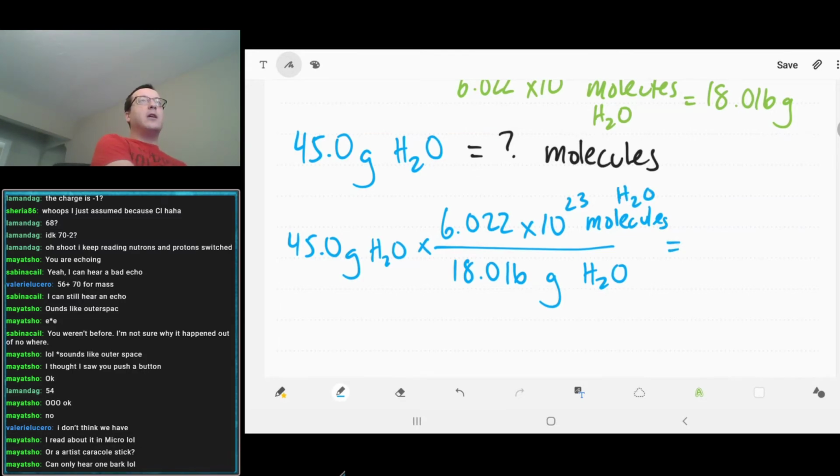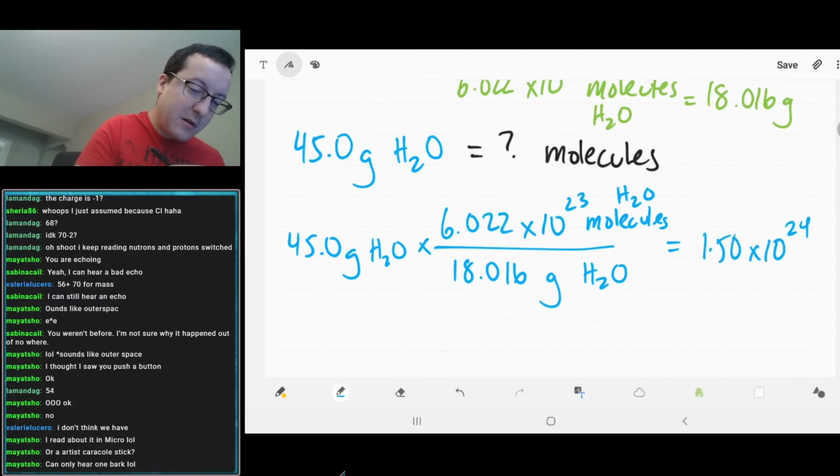And going to our calculator, or in my case, Google. And so we're going to see that in our shot glass, you can amaze all your friends. We're going to get 1.50 times 10 to the 24th molecules of water.